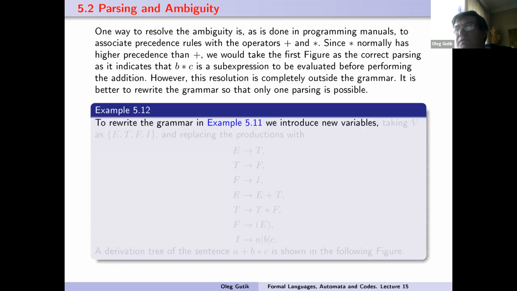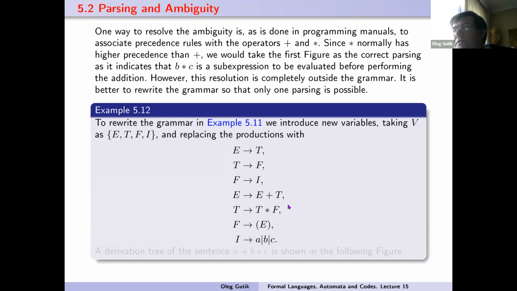Example. To rewrite the grammar in example 5.11, we introduce new variables, taking V as E, T, F, and I, and replacing the productions in the following way.